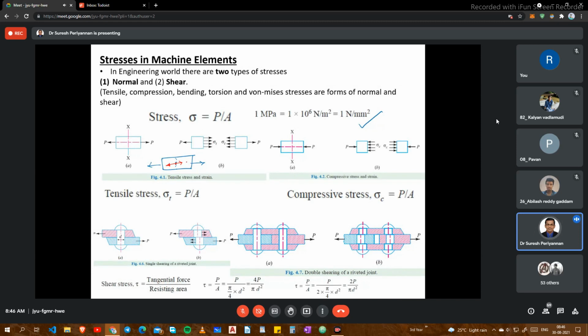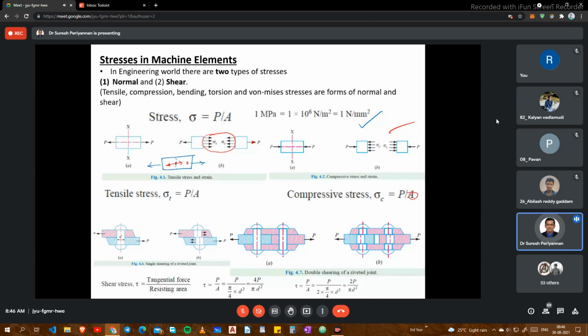Hence this is what we call stress. When you apply the external load, each particle tries to resist it. Similarly, compressive stress. Tensile stress is nothing but P by A. Compressive stress is likewise P by A over the compressed area.